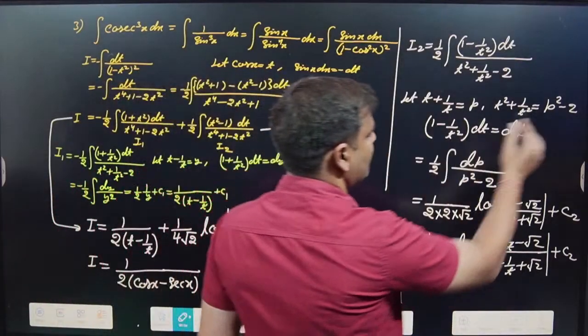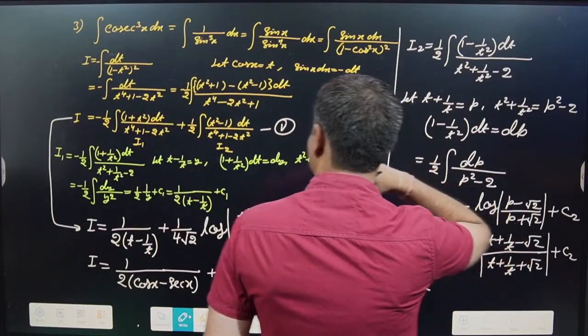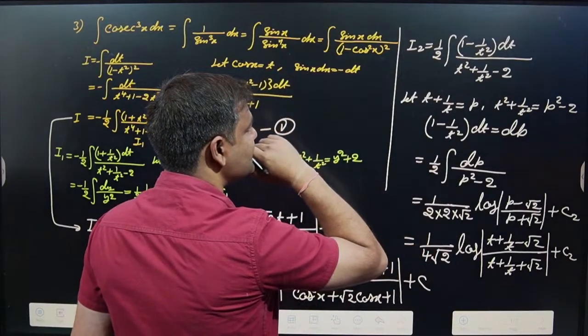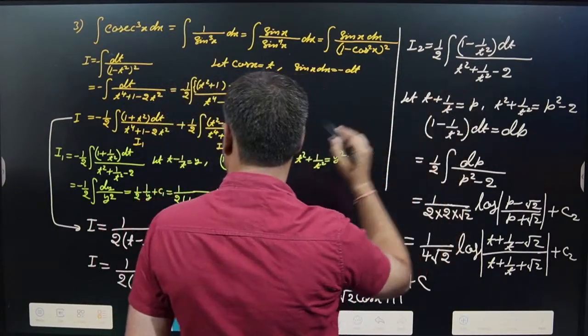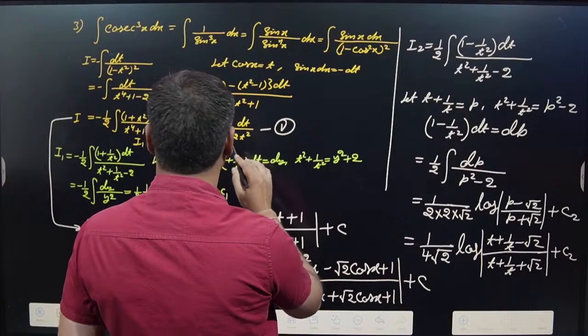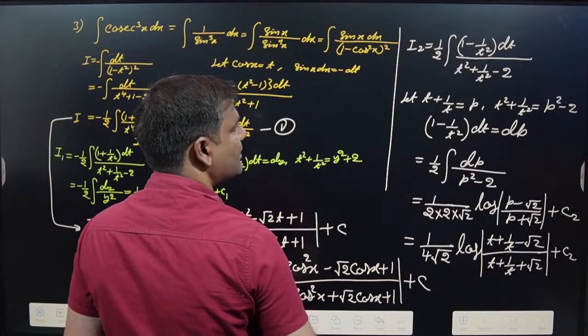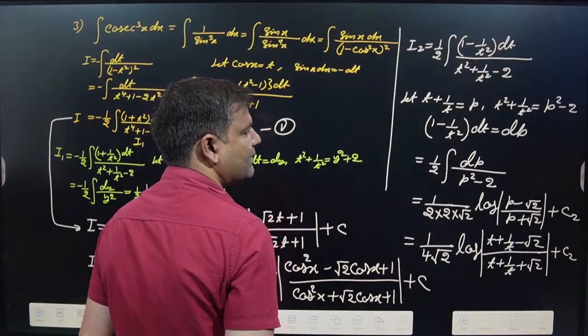Silly mistake, it is p square minus 2. Okay.